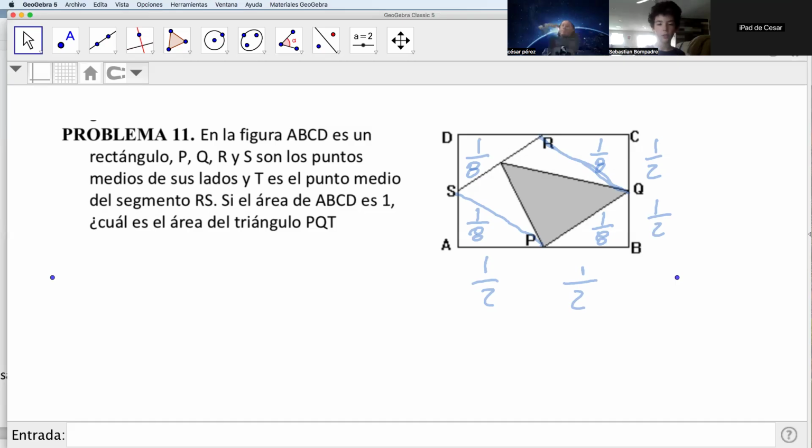So inside ABCD is the square SRPQ, which has side length the square root of 2 divided by 2.